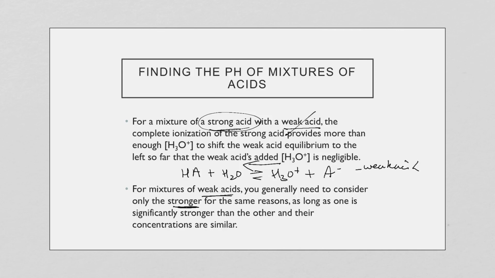The rationale is very similar: the stronger weak acid is going to produce more hydronium and push the equilibrium of the weaker weak acid even further to the reactants, so we can use just the stronger of the two weak acids to calculate the pH.